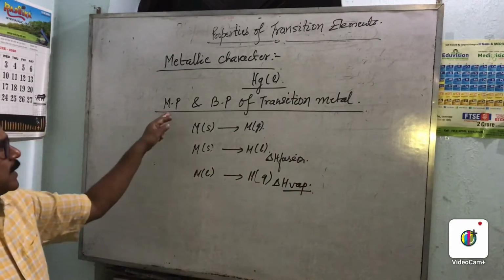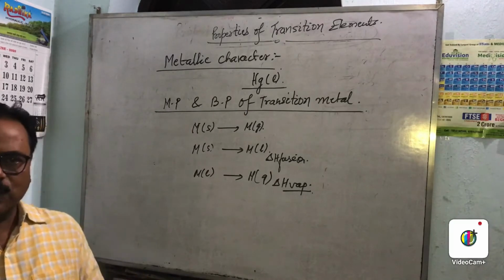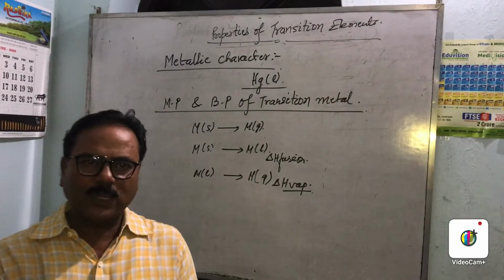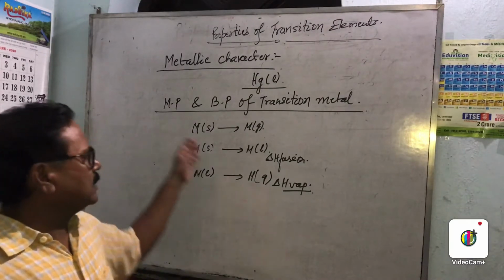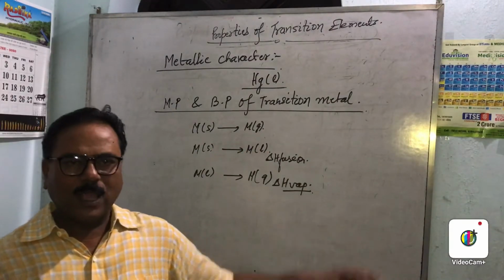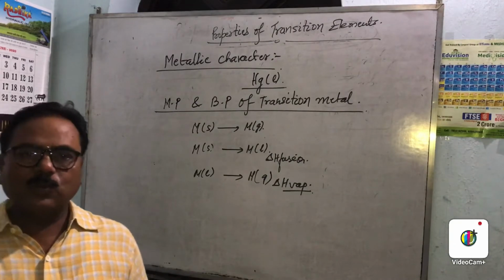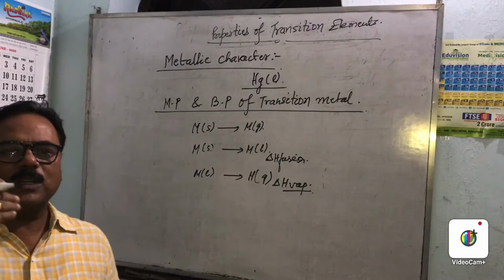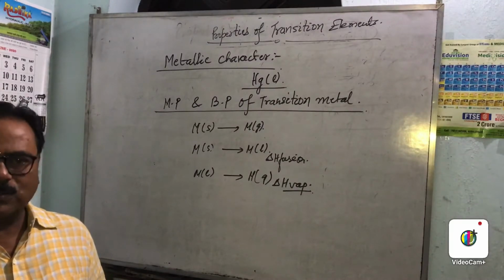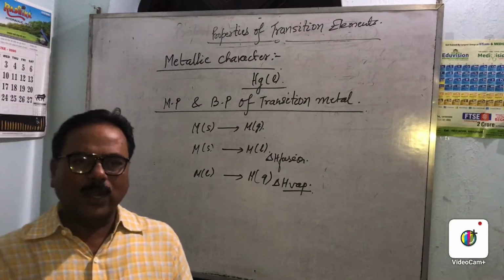So when a solid metal is converted into the liquid, the heat required is treated as the melting point. And when that liquid is heated and converted into another form, we consider it as the boiling point.